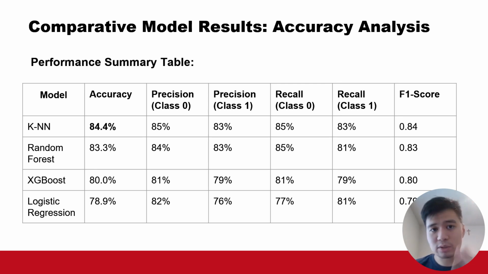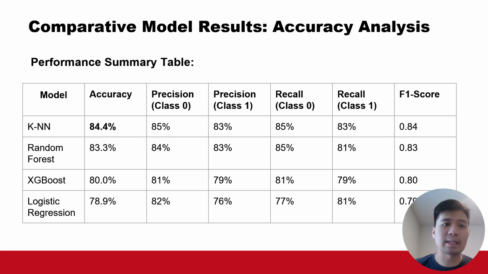Looking at the F1 score, which is the harmonic mean of precision and recall, like a balanced mean between both, KNN scored 0.84, which is excellent. All models showed consistent performance across both classes, with no major imbalances that should concern us. The key observation here is that all models performed well above random guessing, which would be about 50% in a balanced dataset like this.